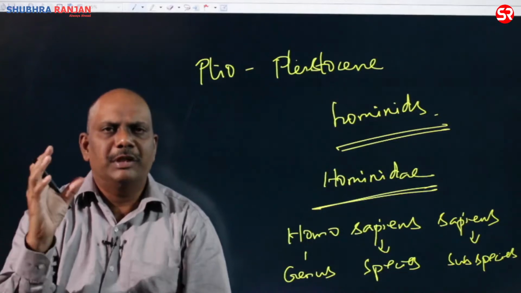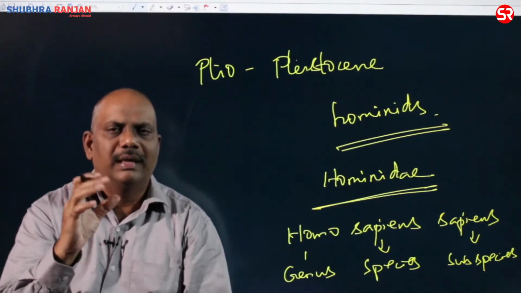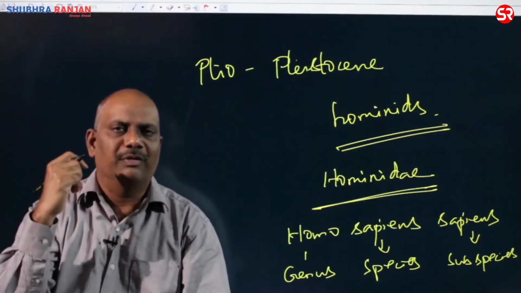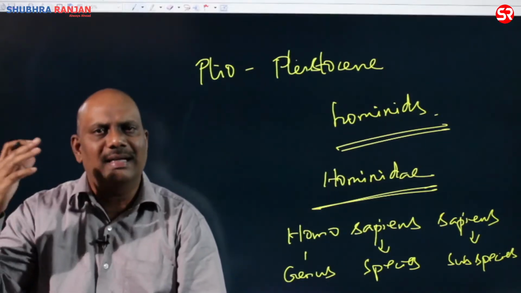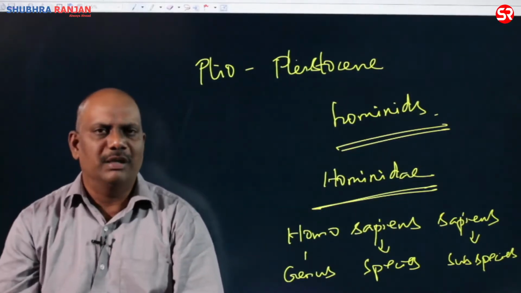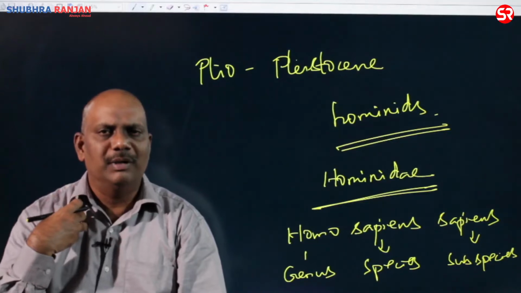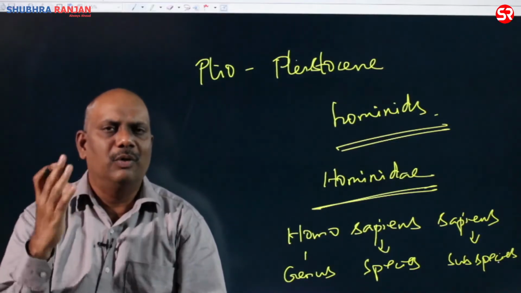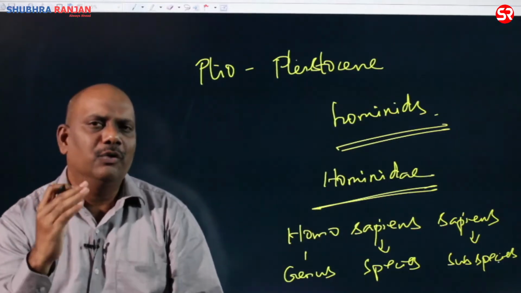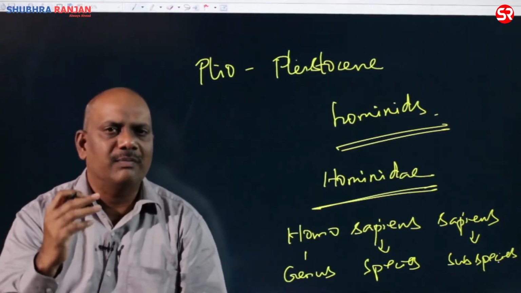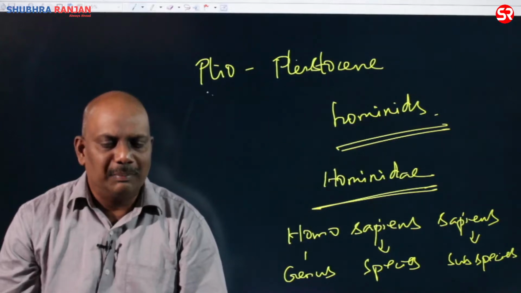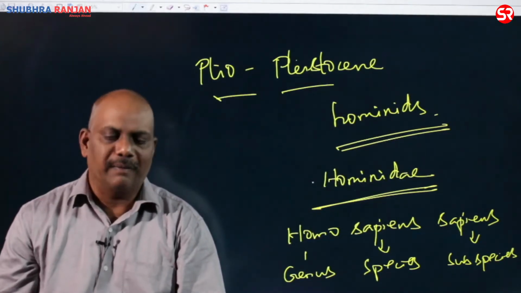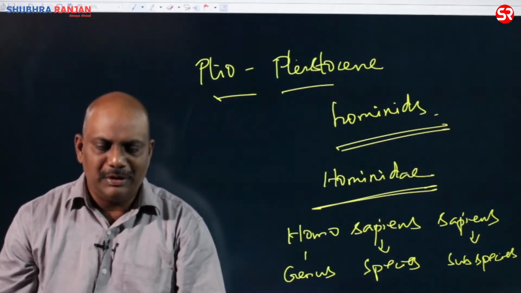A number of species together form one genus. A number of genera together form one family. Like that, the taxonomy goes up to the animal kingdom. So we human beings belong to the family Hominidae, and by Pleistocene hominids, we are referring to our human ancestors who lived during the Pliocene and Pleistocene period.